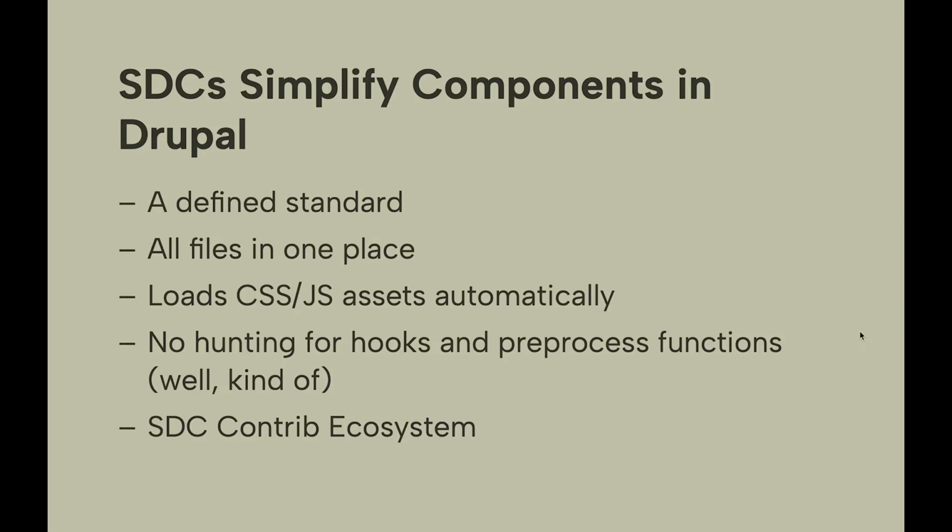So you can't have a hook that completely changes your single directory component. However, in practice, you still will have to deal with preprocessing things to get data into your component. So once you get to your component, you know that it's going to render using the files in that directory, but it's not necessarily going to completely stop you from having to find where preprocess is happening.